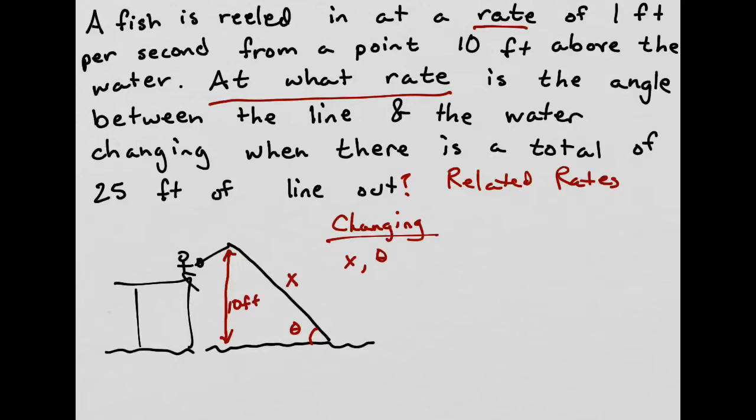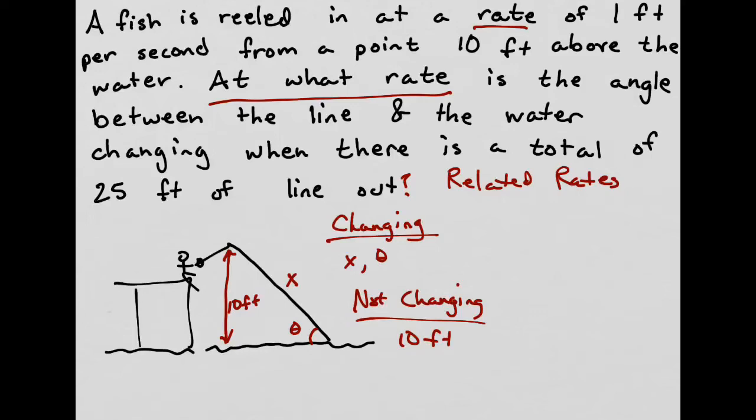The thing that is staying the same, not changing, is that 10 feet. A number we're ignoring for right now is the 25 foot, because the 25 foot has to do with this value x. That is changing, so you do not want to put a number to it. But let's start by relating our x and our theta.